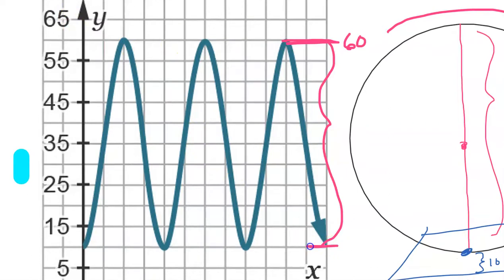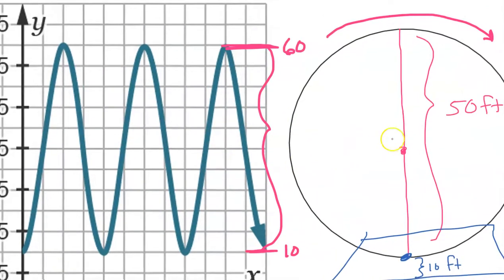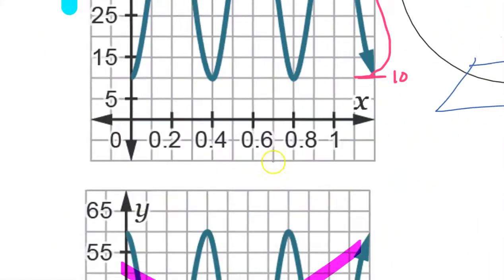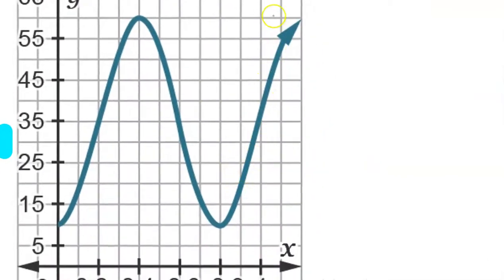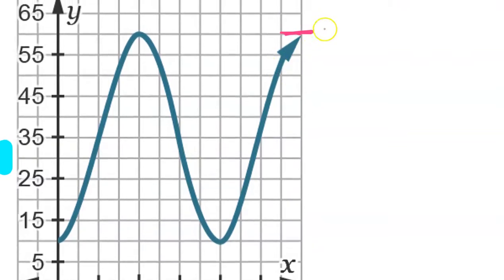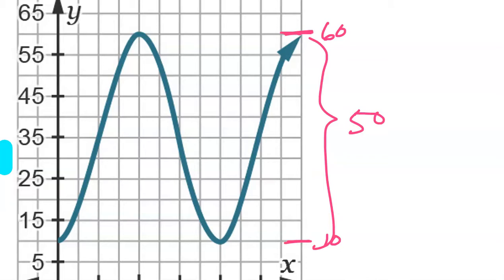Down here at the bottom, that's the 10 that we were talking about. 10 to 60. That is 50 feet. So that matches. If the other one doesn't match, then we have a winner. Well, let's see. This one, it's the exact same thing. This is 60 up high, and it is 10 down low. All right, diameter of 50.